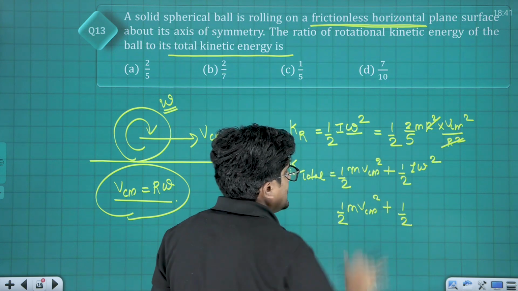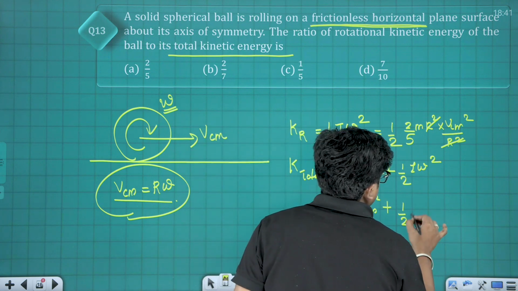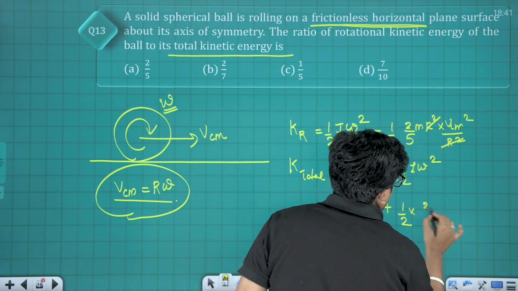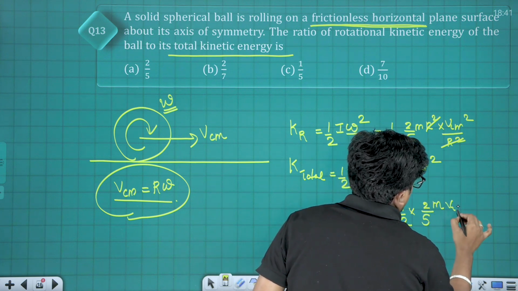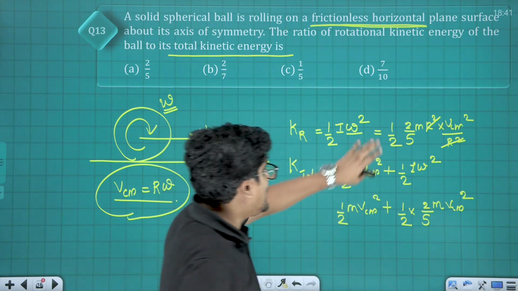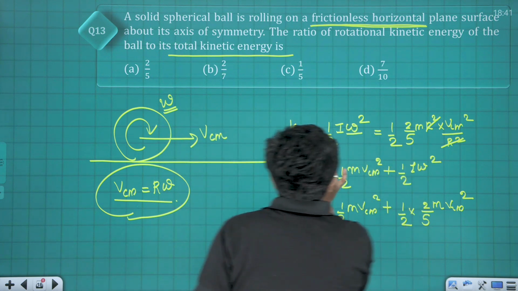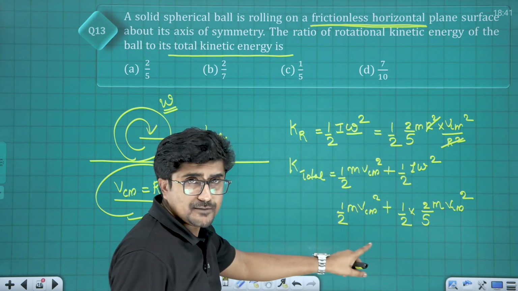Now this is going to be half of m into VCM square plus 1 by 2 into, definitely the same thing is going to be repeated here, that is 2 by 5 m into VCM square. So our question is to get the ratio of rotational kinetic energy to the total energy.